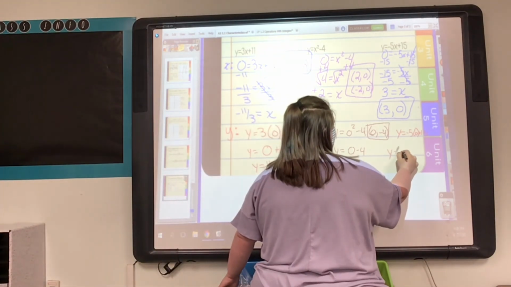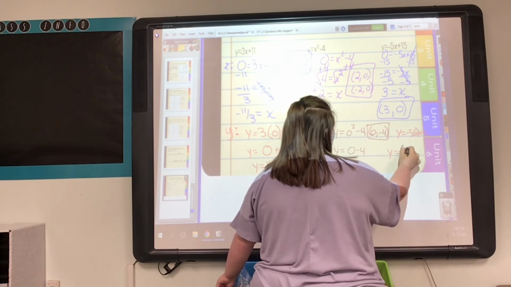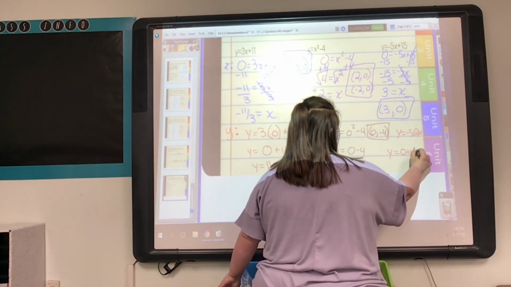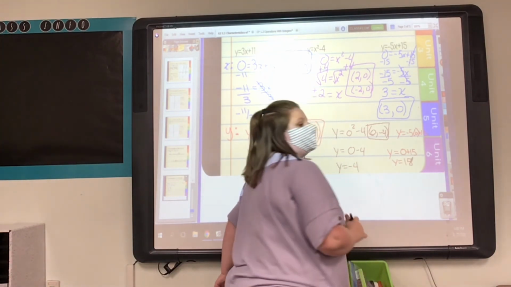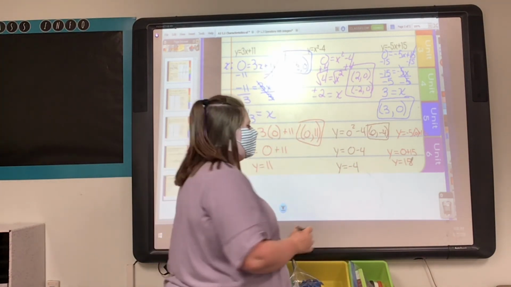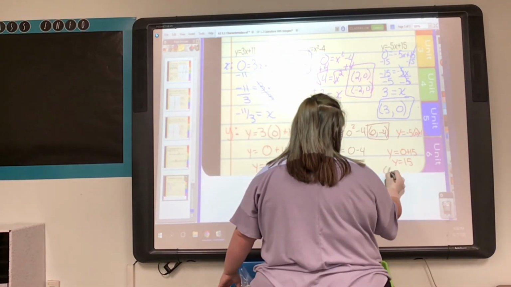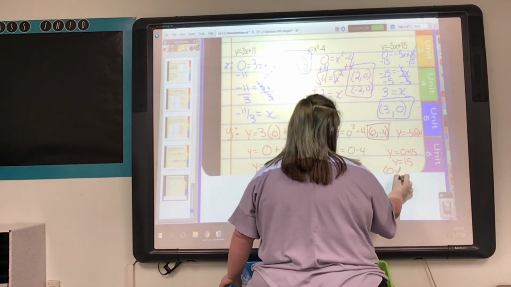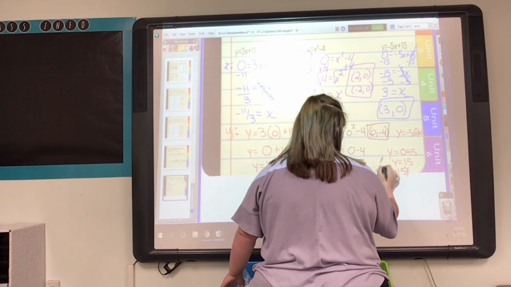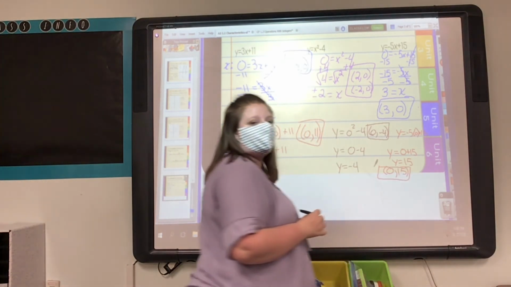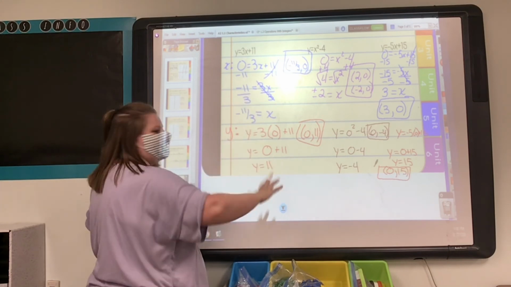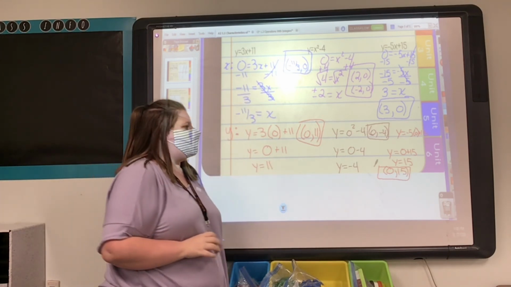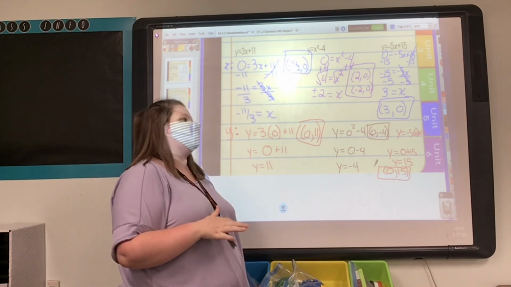So we get y equals negative 5 times 0 is 0 plus 15. 0 plus 15 gives us y equals 15. So when we write that as our y-intercept, x value is 0, the y value is 15. So 0, 15 is our y-intercept. I know I kind of got all over the board doing the math here, but those are going to be your x and y intercepts.